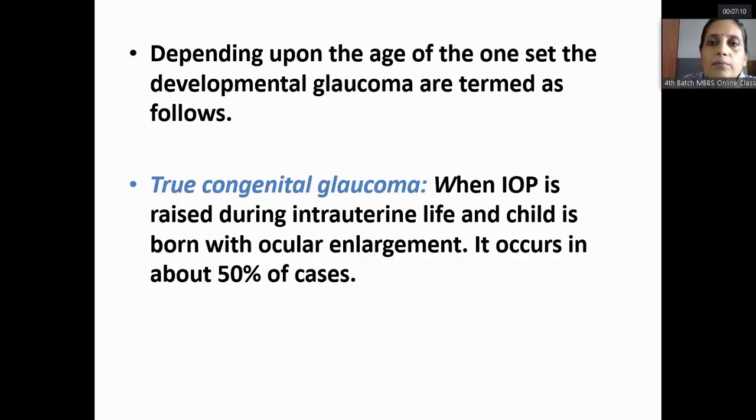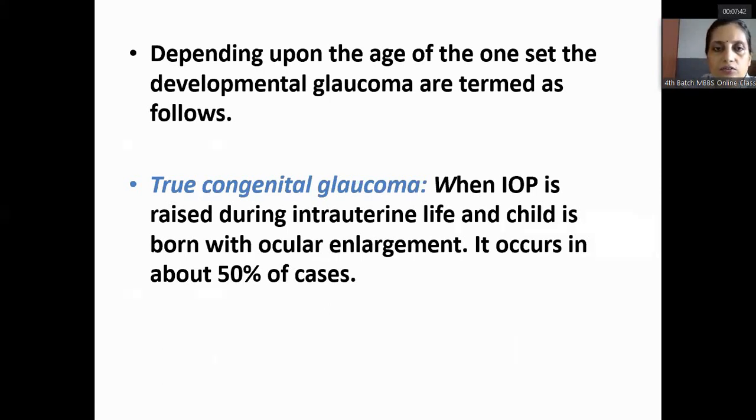Depending upon the age of onset, the developmental glaucomas are termed differently. These all occur from birth till development, and they are given different terms. So what is true congenital glaucoma? When the IOP is raised during intrauterine life and the child is born with ocular enlargement, which occurs in about 50% of the cases. So this is true congenital glaucoma, where the IOP is high since intrauterine life.